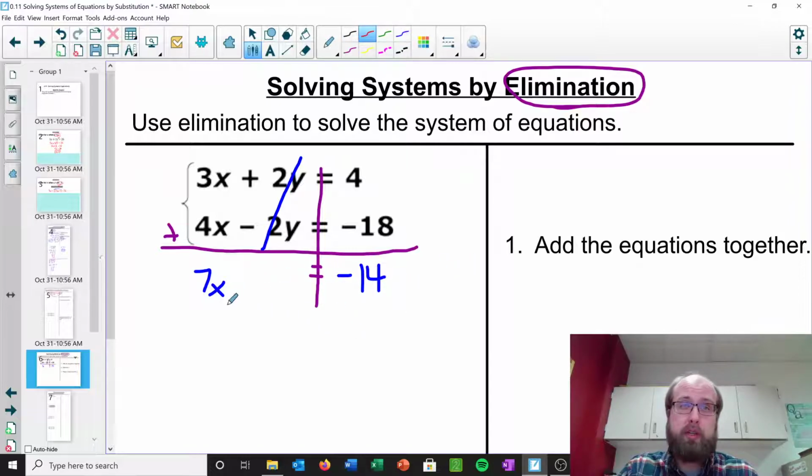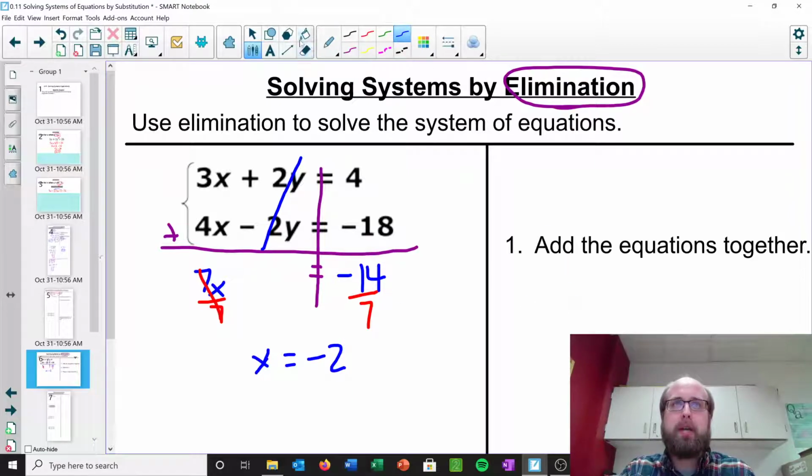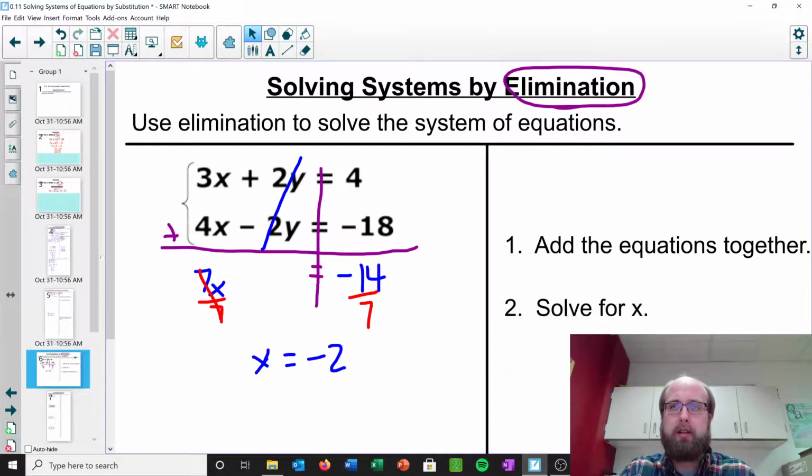Well, that's super easy to solve. We just divide both sides by 7, and we get x equals negative 2. All right? And so elimination works so well because when you add the equations together, it'll either already be this way, or I'll show you in a little bit, we can make it this way.